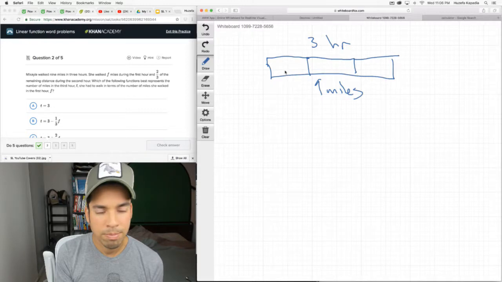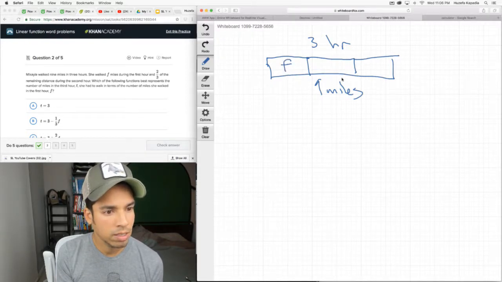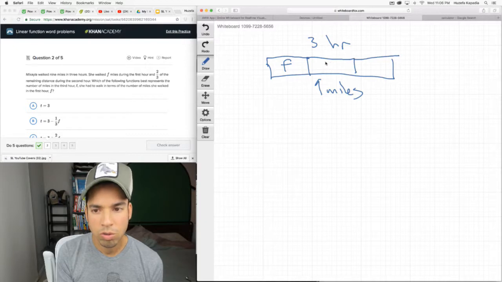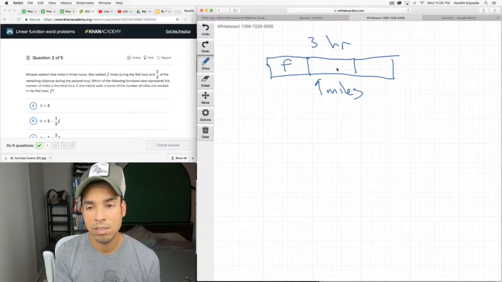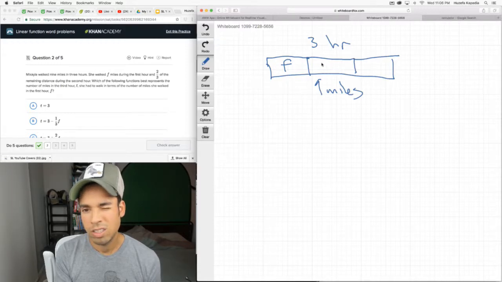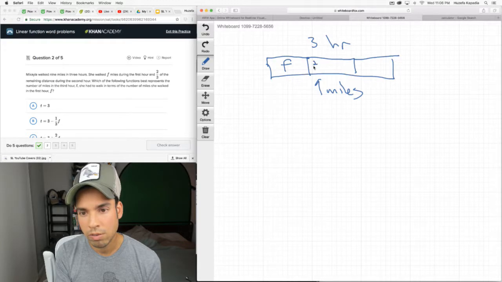She walks F miles during the first hour, and 2/3 of the remaining distance in the second hour. So here's the second hour, and she does 2/3 of the remaining distance.